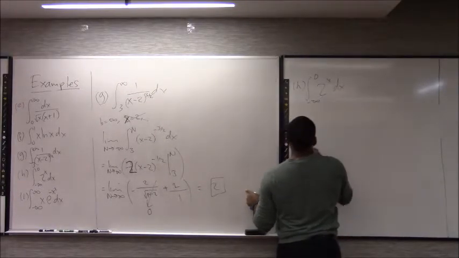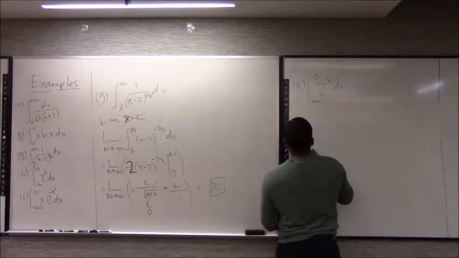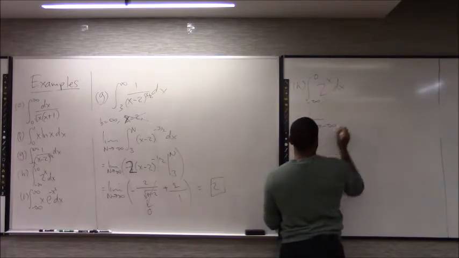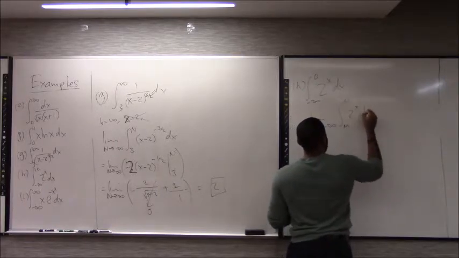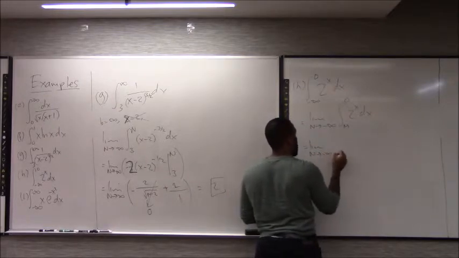So, what's the antiderivative of 2 to the x? In fact, negative infinity here is the only bad point because 2 to the x is exponential, it's always defined. So the integral of 2 to the x dx. Antiderivative of 2 to the x.